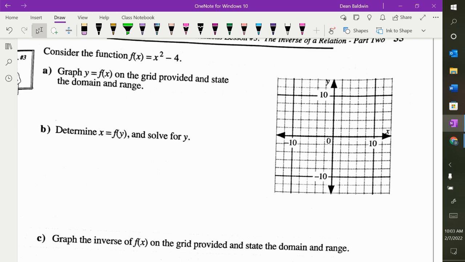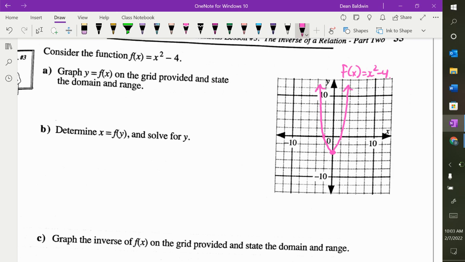What does the minus 4 do? Moves it down 4 units, right? So these go by twos. So negative 4, it opens up. That's the graph of x squared minus 4. Okay.